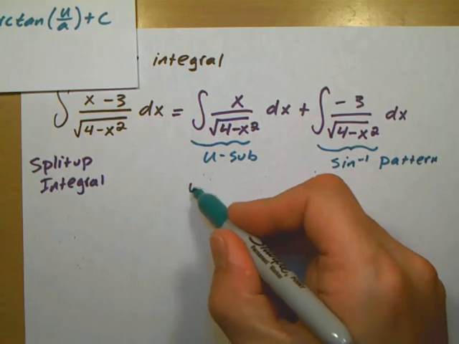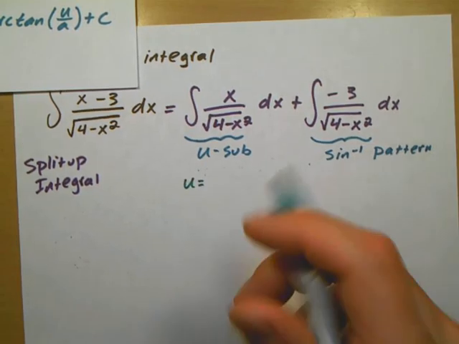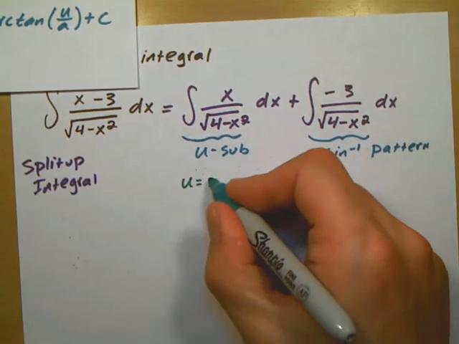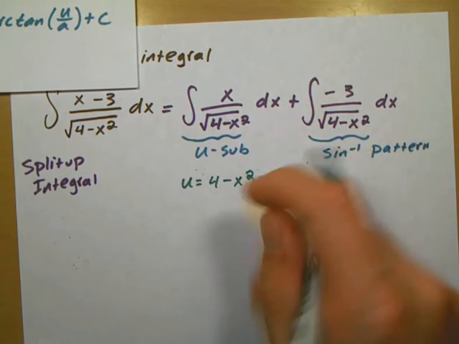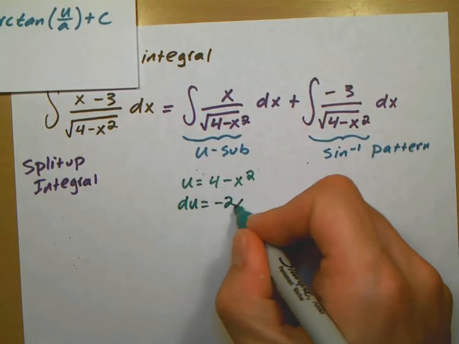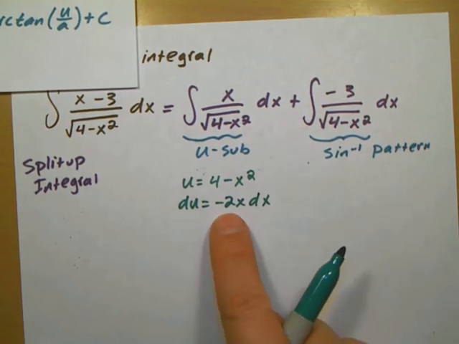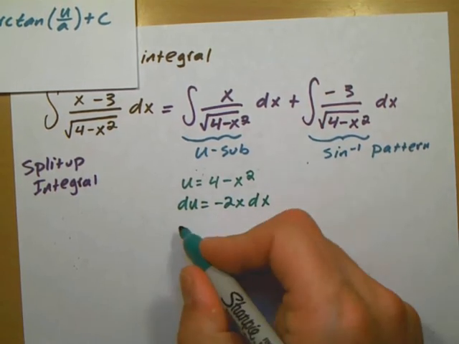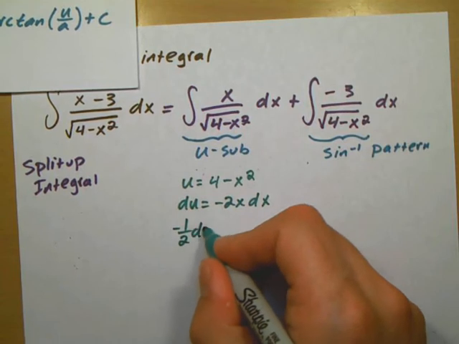For this one, I'm going to let u be the inside of the radical, so it's 4 minus x squared. The derivative of that is negative 2x dx. I don't have this extra negative 2, so I divide it over.